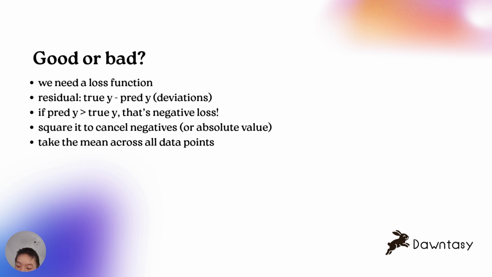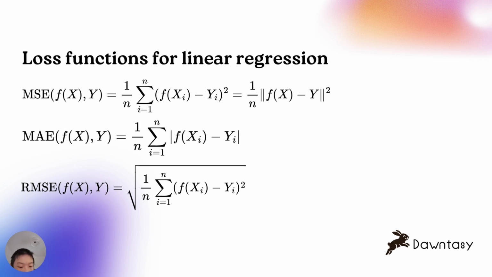To make this absolutely fair, we want to square it or take an absolute value to cancel negatives, because we don't care whether the prediction is larger than or smaller than the actual answer. We just care how close it is to it. Once we take the mean of that across all data points, we can account for the error or the loss for the entire data set, not just one.